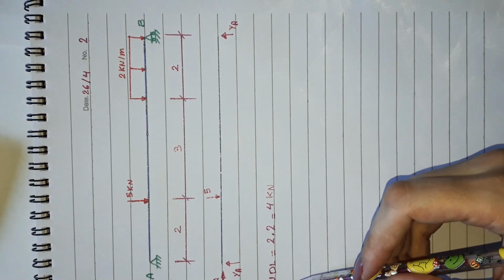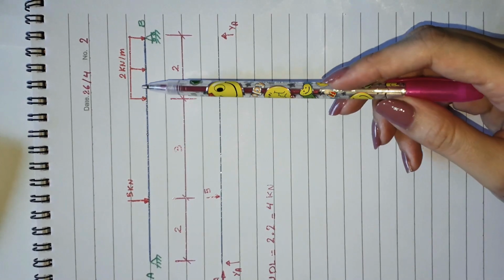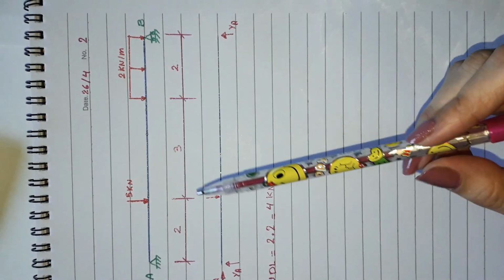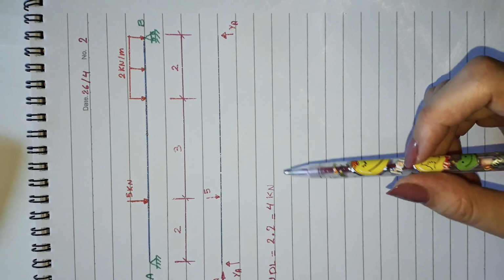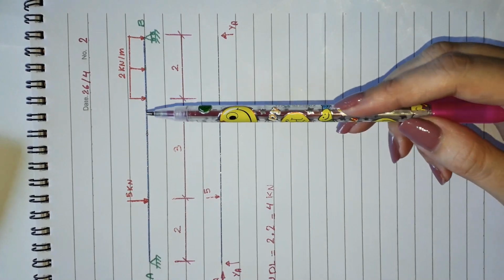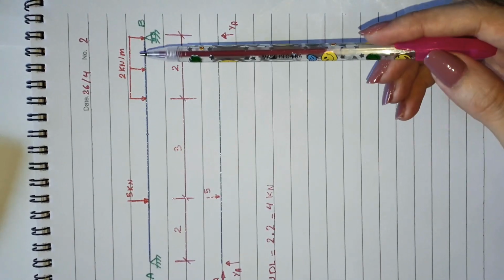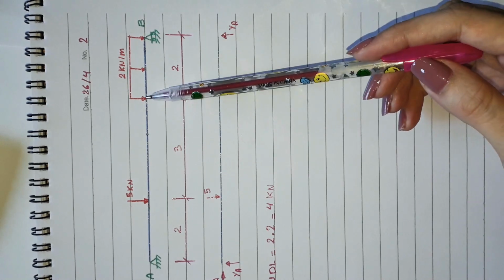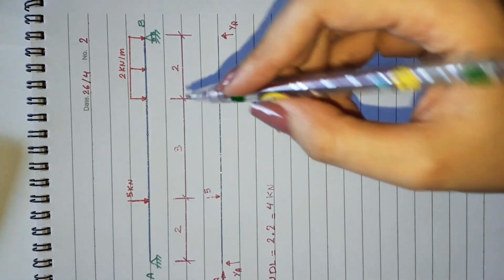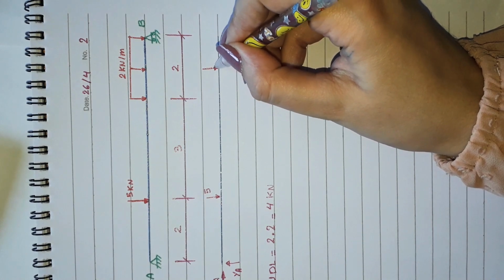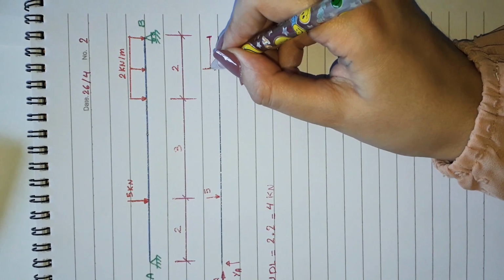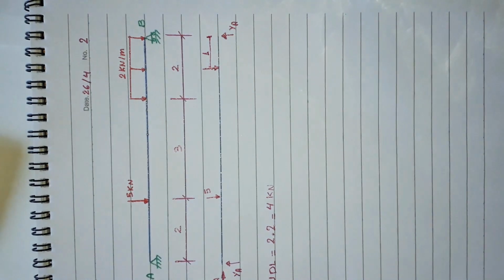By doing this, we converted the uniformly distributed load into a point load, and it's always in the rectangular shape. It's always halfway between the ends of the rectangle. So it's this easy. It is 1 meter away from point 1.